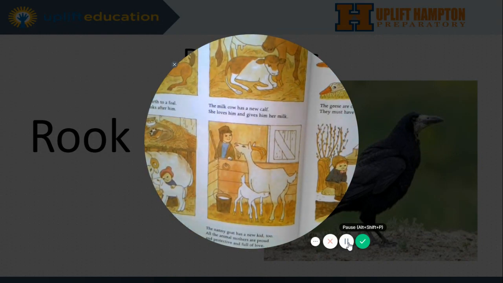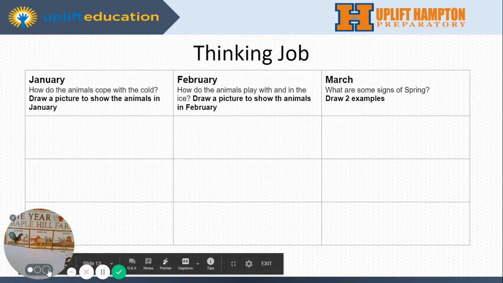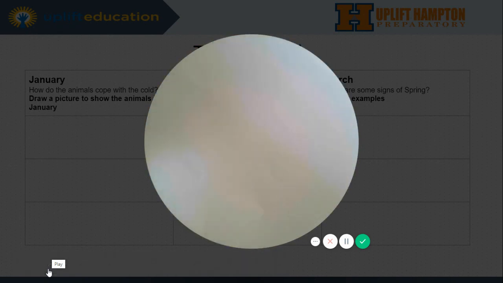All right, boys and girls, we are going to stop here. What I want you to do is to get a sheet of paper and fold it like I am folding it. So you have your sheet of paper here.